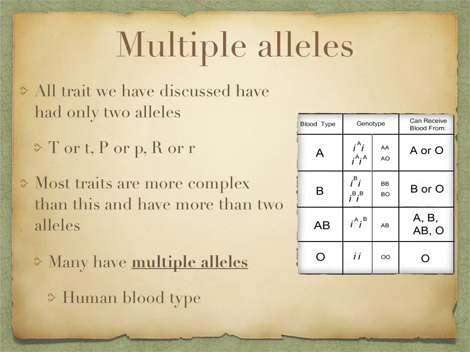So up to this point, all the traits we discussed have had only two alleles, right? They were either or traits, or they had just two different alleles if they had incomplete or codominance. Normal, dominant, and recessive either or traits: tall or short, capital T or lowercase t. Purple or white, capital P or lowercase p.